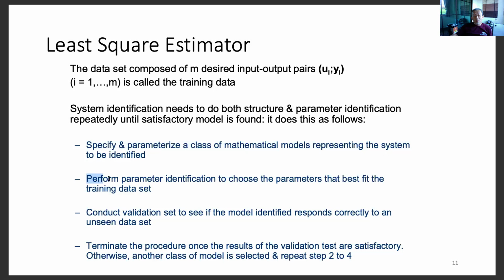The second is to perform the parameter identification to choose the parameters that best fit the training data set. Third is to conduct the validation, to see if the model identified responds correctly to an unseen data set, and then terminate the procedure once the results on validation tests are satisfactory. If not satisfactory, you have to repeat step 2 and step 4 again.